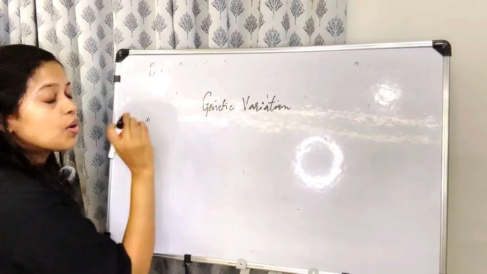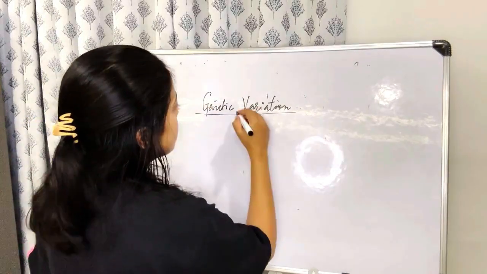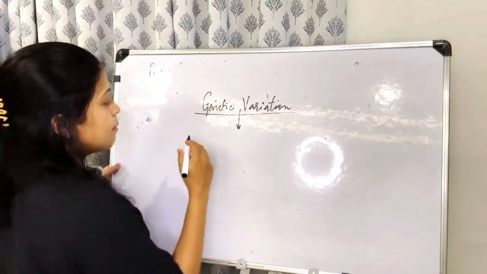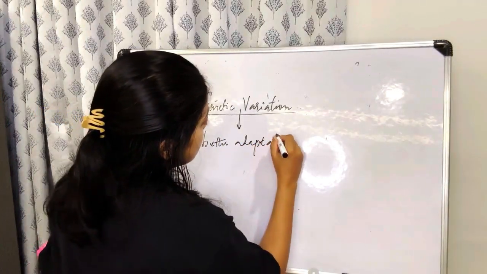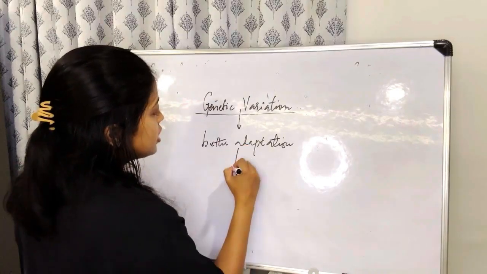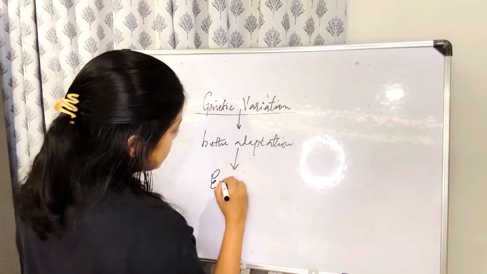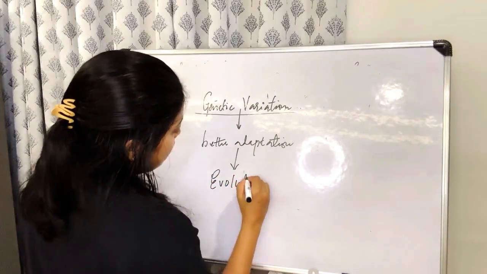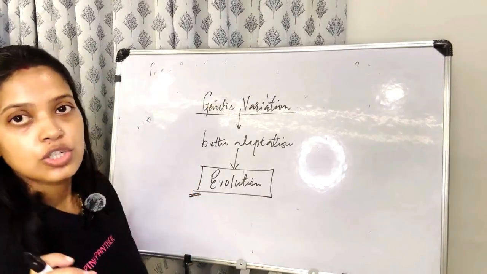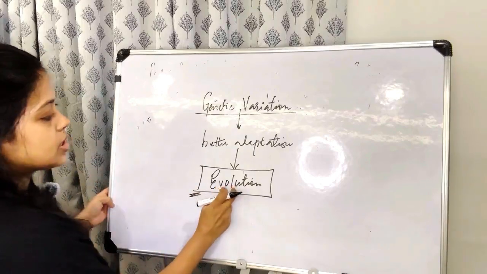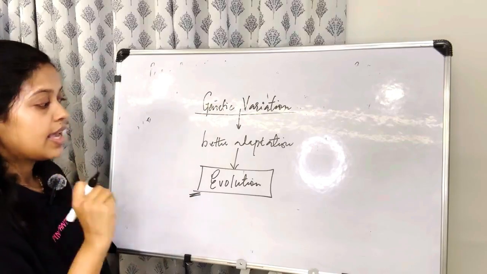So you will understand how sexual reproduction creates genetic variation. Now this variation in the plant is going to help it in better adaptation in the changing environmental conditions, and that is going to help overall in the process of evolution. Very important. Okay, so that is the reason sexual reproduction is beneficial for the plant, because it is finally going to help in the process of evolution for its survival, existence.